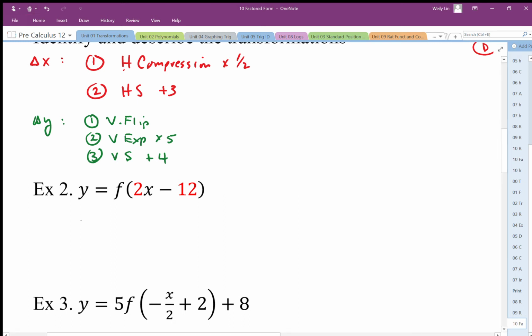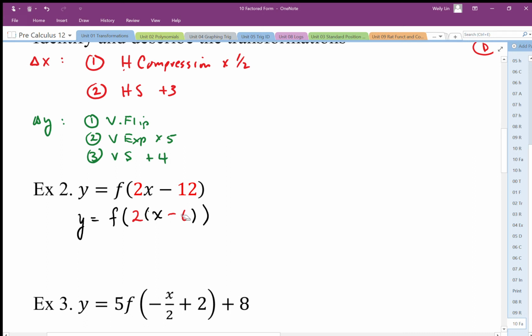So this is why, if we can write things in factored form, the factored form allows us to see the vertex point. It allows us to find the vertex point much easier. So once I factor it, this means I compressed first, then shifted to the right 6.